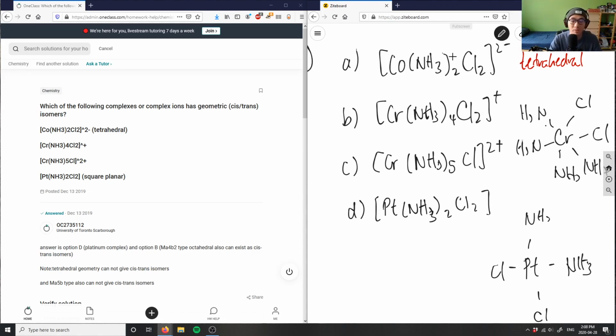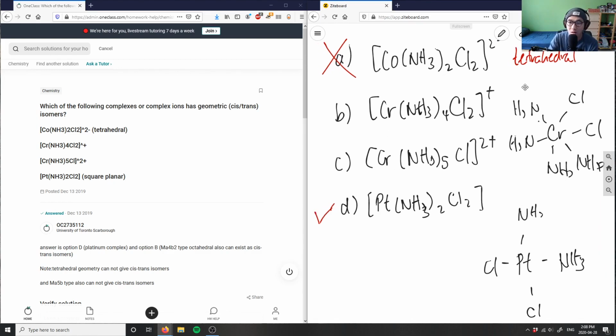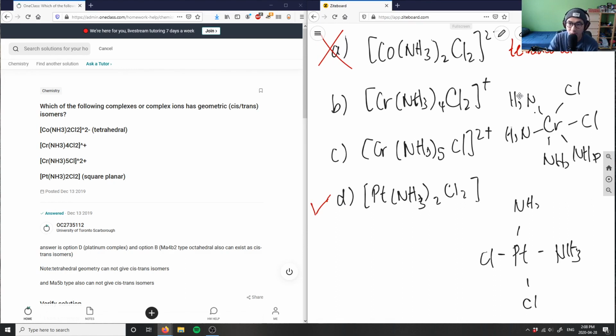If it was tetrahedral, no matter how you rotate it, it's not a chiral center, so it would not have a geometric isomer. So A is not correct, D is correct, and we're looking at these two, option B and option C. Both have the number 1 here.